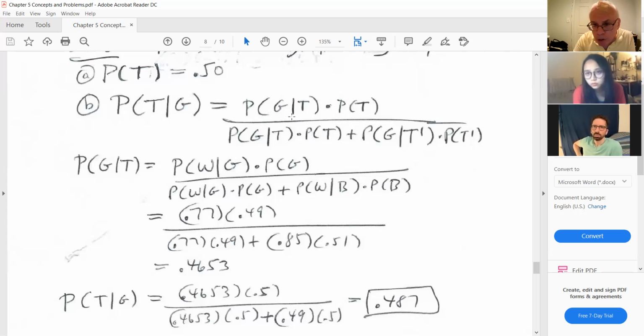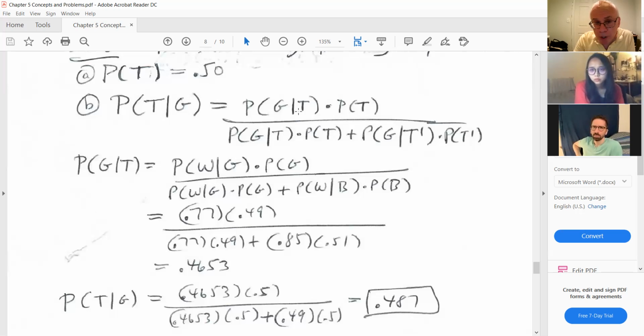Being in the treatment group doesn't have anything to do with the probability of being a boy or a girl, right? In general. Now that I see it, I'll X out this part. This should be 0.49.